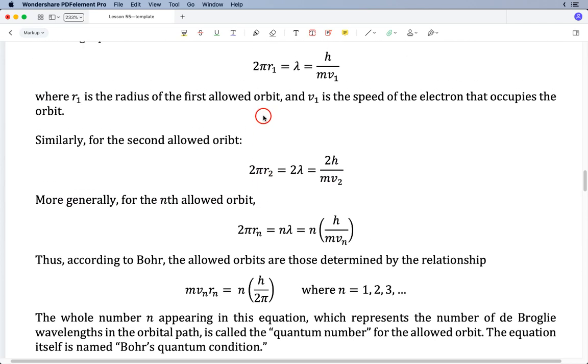We've written down what it looks like for the first orbit and the second orbit, so we can write a general equation for the nth allowed orbit, and it looks like this. If we put n equals 1 into this equation, we get what we have up here. If we put n equals 2, we get what we have here.